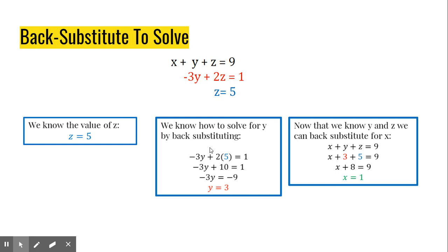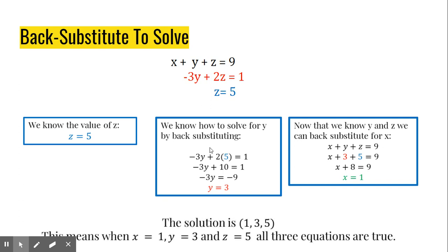And it turns out that x is equal to 1. Here is how we write that solution. We write it as an ordered triple. It looks like this, in parentheses, 1, 3, 5. And this means that when x, y, and z have these values, all three of these equations are true.